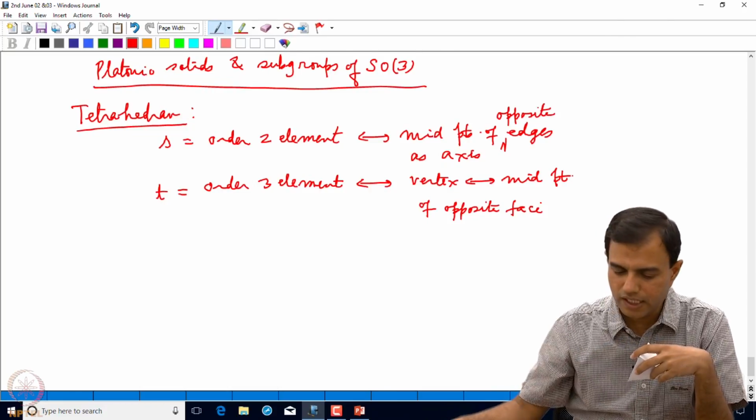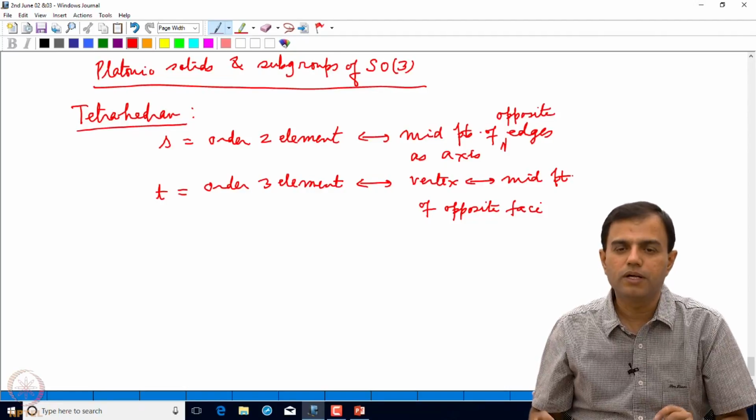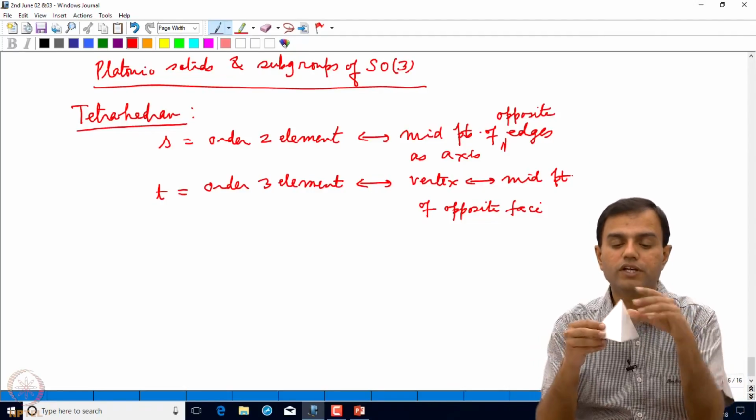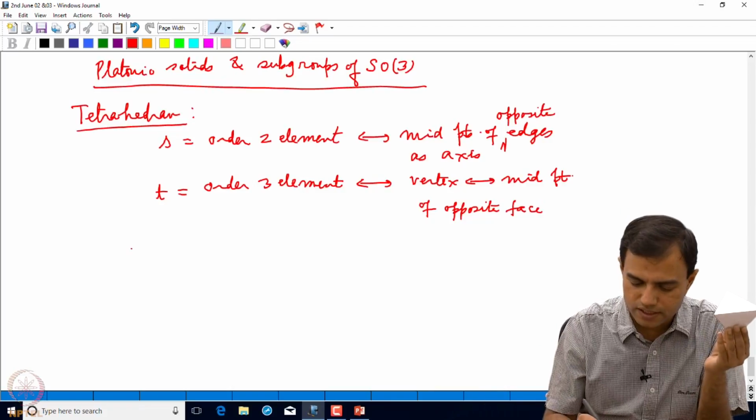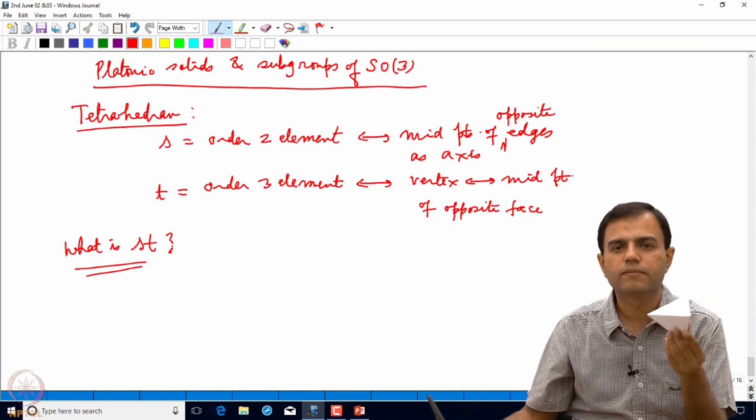That's interesting, and for this let's try to do a computation. Although one way to see it is, so the question is, what is ST, right?